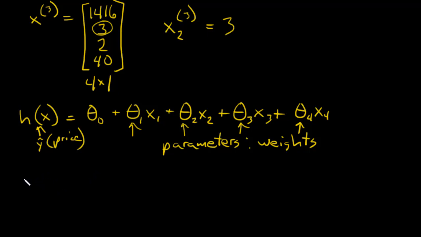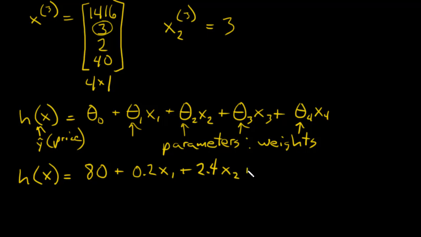As an example, let's say I've run the algorithm several times and I've found out that my parameters are h of x equals 80 plus 0.2 x1 plus 2.4 x2 plus maybe 1.7 x3 minus 2 x4.